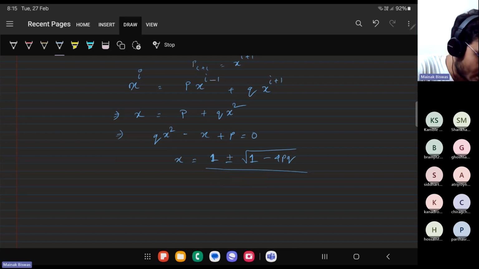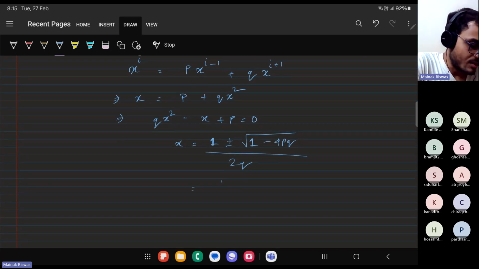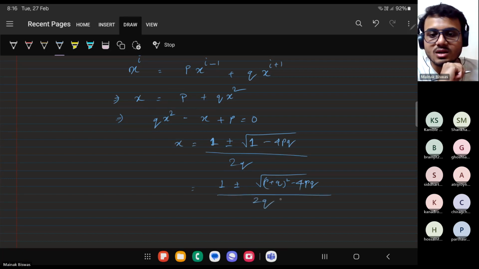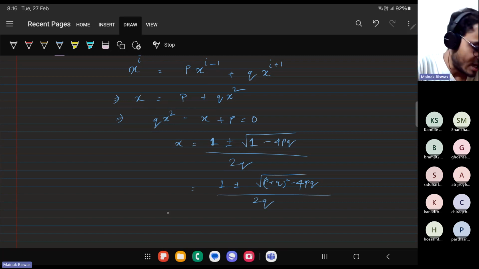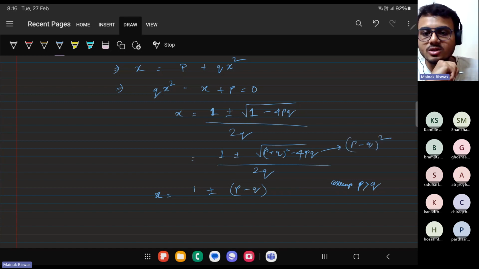Since p plus q is 1, the square root term is 1 minus 4pq, which is nothing but p minus q squared, the square root being mod of p minus q.